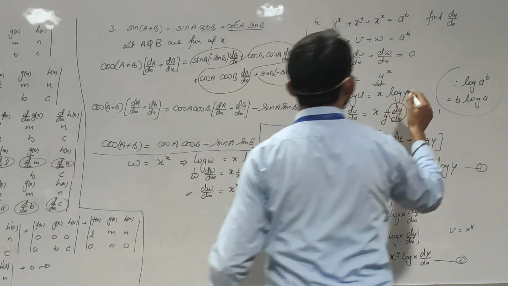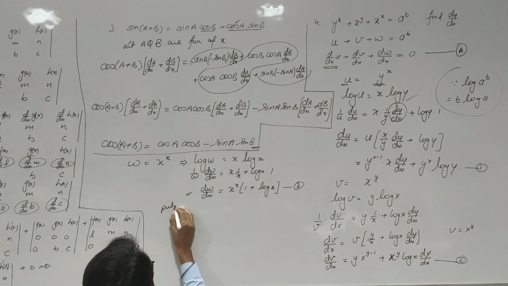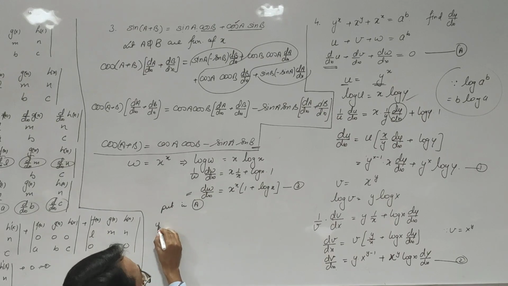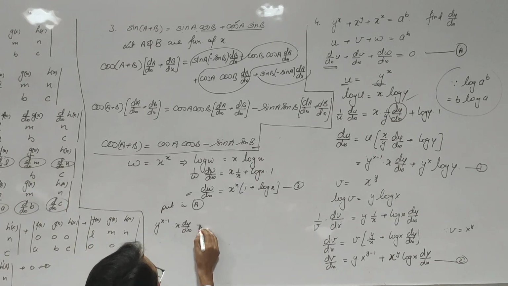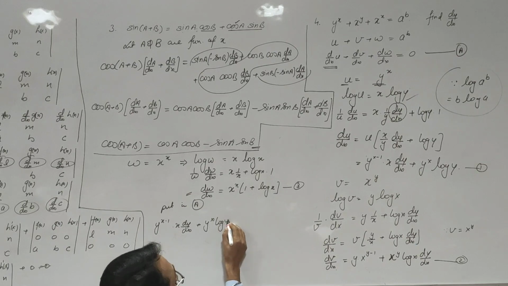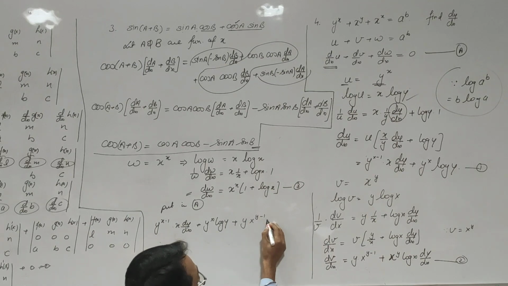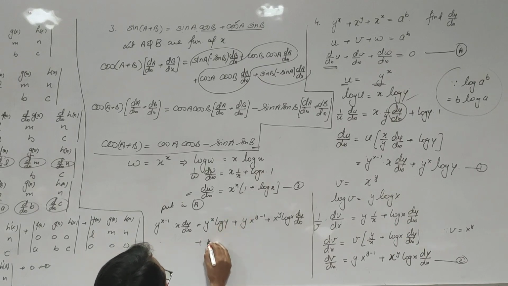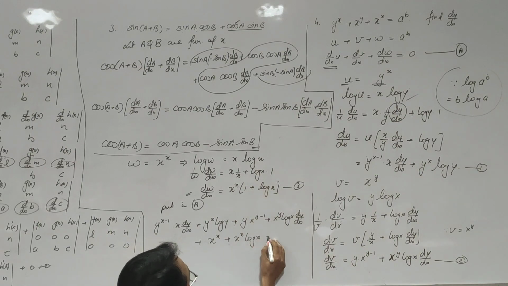Now these three things we are going to put into equation A. So first of all, du on dx is y to the power x minus 1 into x dy on dx plus y to the power x log y, plus y x to the power y minus 1 plus x to the power y log x dy on dx, plus x to the power x plus x to the power x log x, which I have taken inside, equals 0.